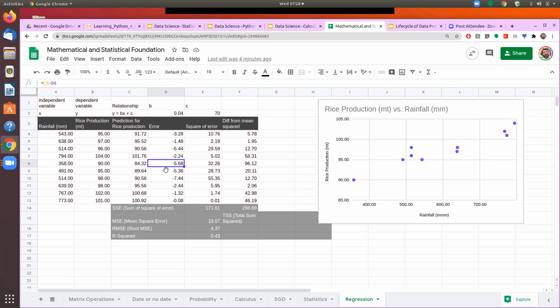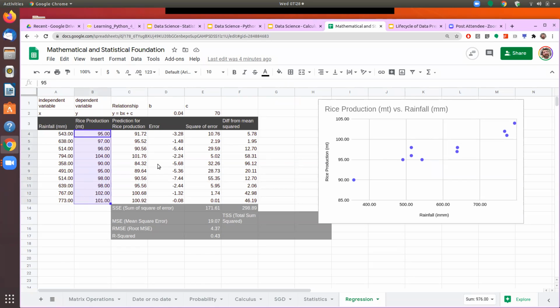Okay, so y is equal to bx plus c is what we are trying to find out, because ultimately we are trying to find out how x affects y. The actual number would be dependent upon the independent variable, or the x value here, but it may also have some other factor which is affecting.